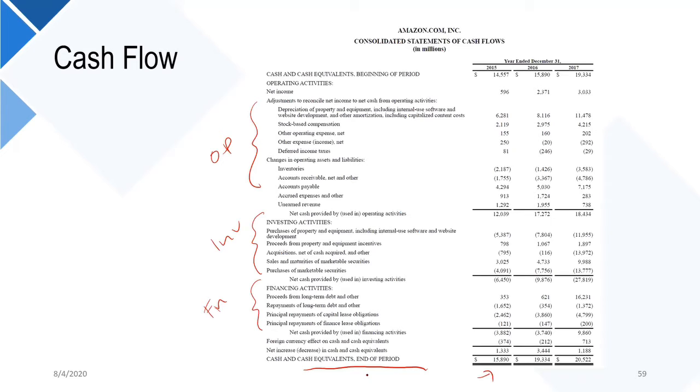The indirect. Direct or indirect? The indirect. Why, Carla, do you say it's the indirect? Because at the beginning, in operating activities, David, you're using the net profit.